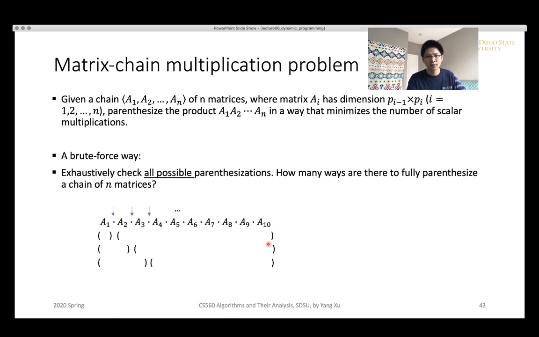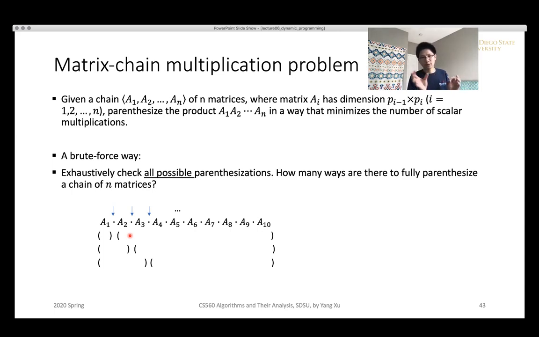Given a chain of matrices like this, let's first consider the final layer, the last layer of parentheses. Eventually, the chain of multiplication becomes the multiplication between two matrices. Where these two matrices come from is not considered here.